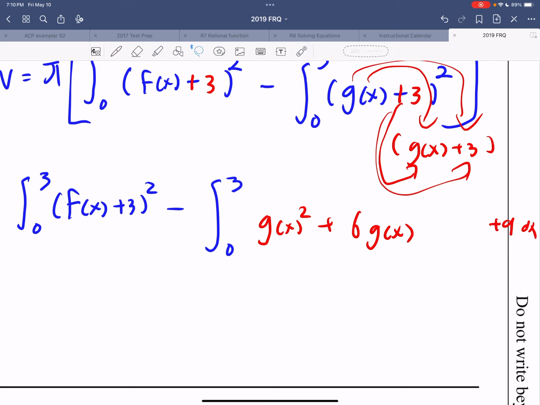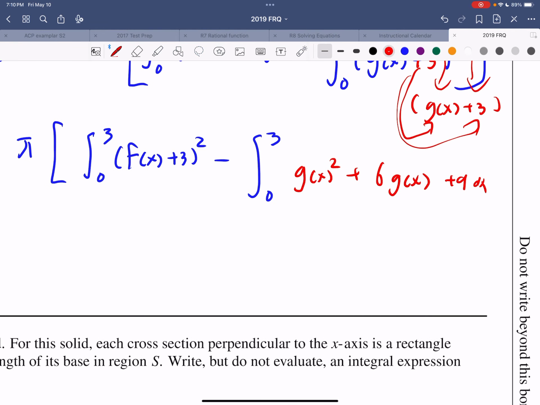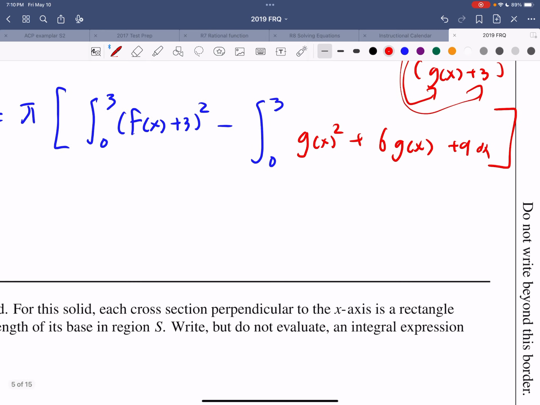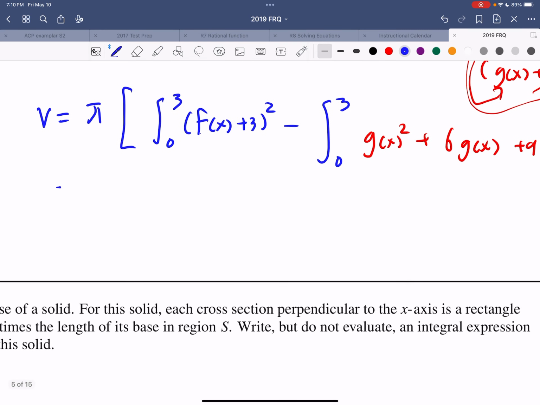And then here, plus 9. Yep. And close the bracket. So let's simplify one by one. Pi, bracket.